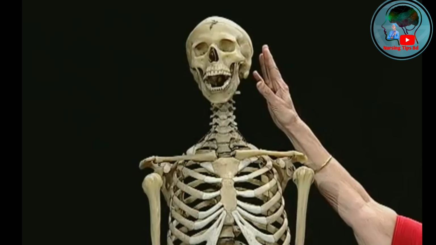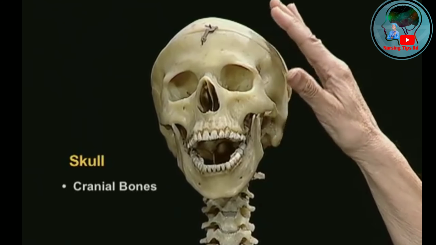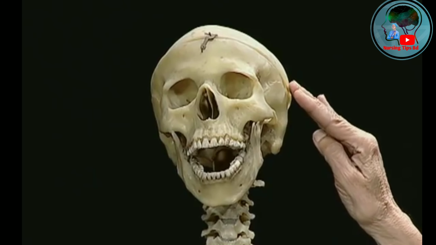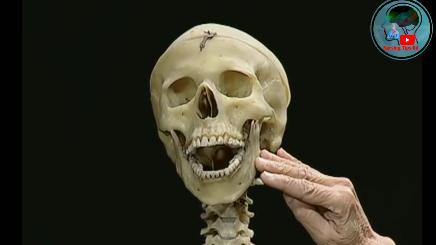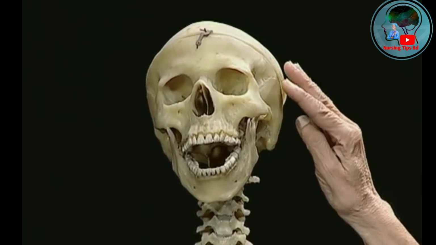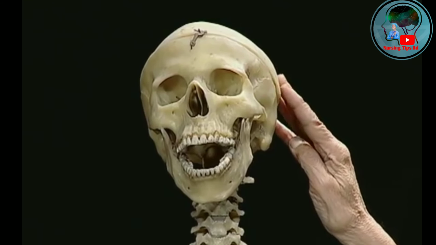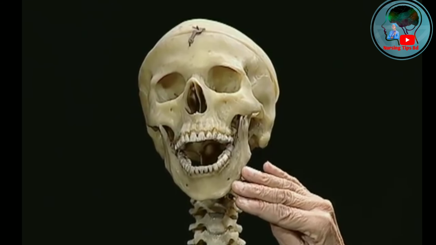You can see the skull here, it has two parts, the cranium and the facial bones. There are 8 bones in the cranium and 14 bones in the facial region. The cranium bones are attached to each other by sutures, so they do not move much. Facial bones are making the face.